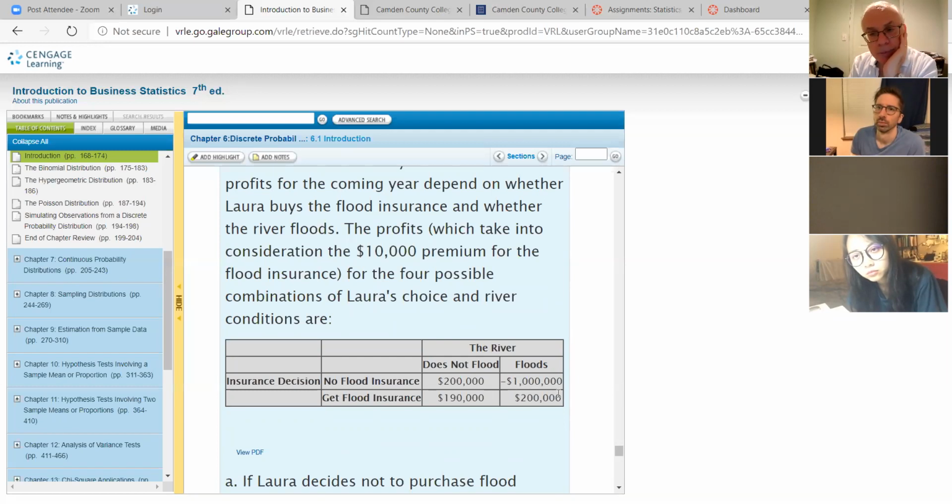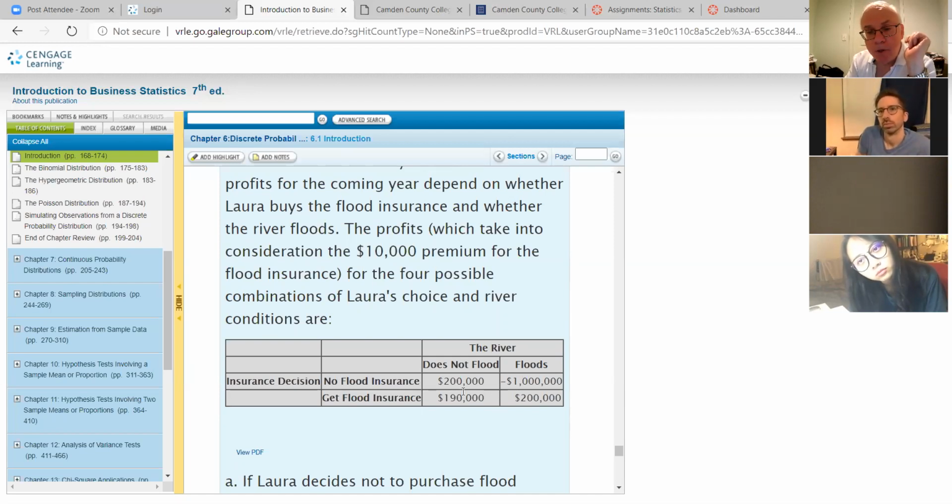This is the person's bakery, and they may lose everything, and maybe it comes out to a $1 million loss. Now, what if the river doesn't flood? What does the 200,000 mean here? Well, if it doesn't flood and you don't get insurance, you've made $200,000 in profits for that year.